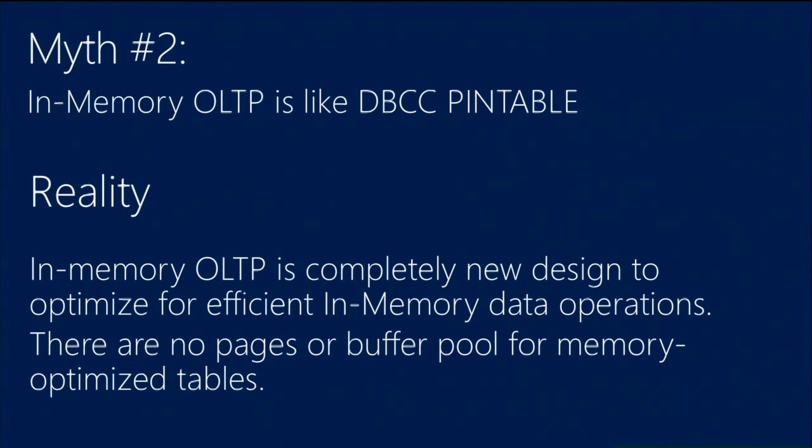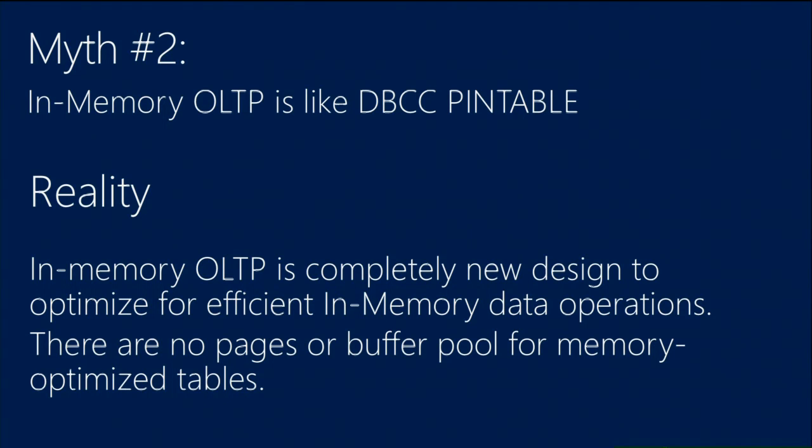We already know that if you have some hot tables in your database, some frequently accessed tables, and you have enough memory, these tables will be in the buffer pool anyway. So just putting your tables in memory does not give you a significant gain. Instead, we designed the storage engine from the ground up to benefit from the fact that everything is in memory.